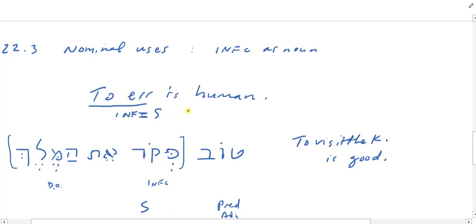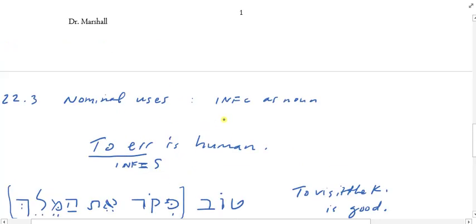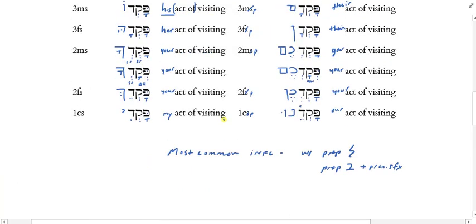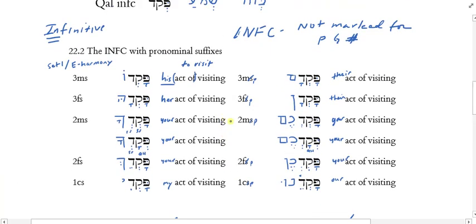And those pronominal suffixes are the same sorts of things I attach to nouns, because the infinitive is a verbal noun. I'm not going to attach personal endings like I did in the qal perfect. That's the important point here. This is what I'm trying to help you get. Infinitive constructs are not inherently marked by person, gender, number.